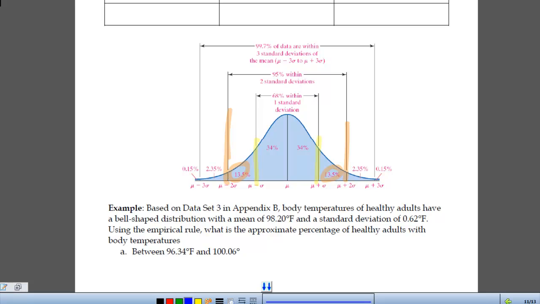Half of 95 is what? 47.5? Okay, so from the mean to 2 standard deviations, we'd have 47.5% of our data. Or from the mean to minus 2 standard deviations, 47.5% of our data. So on. All right?